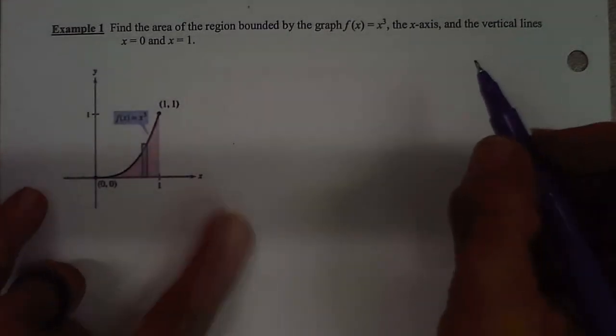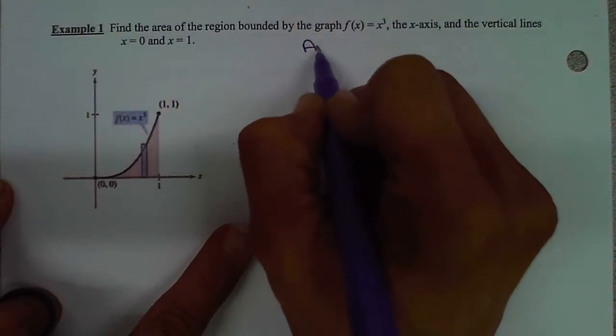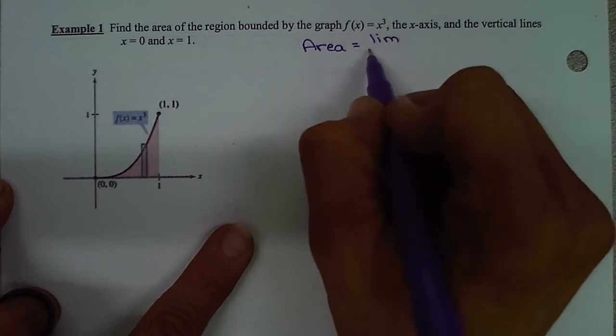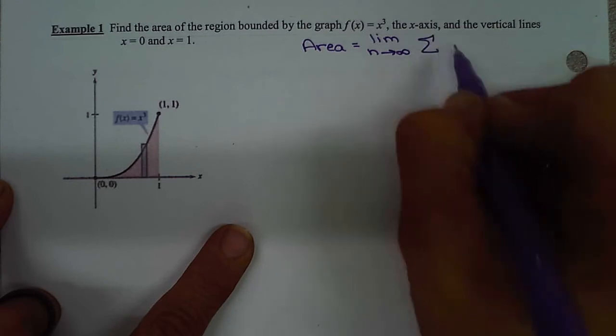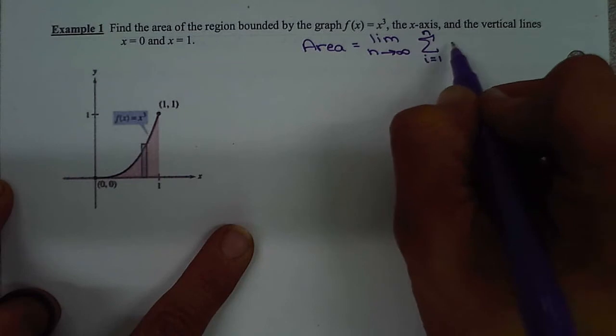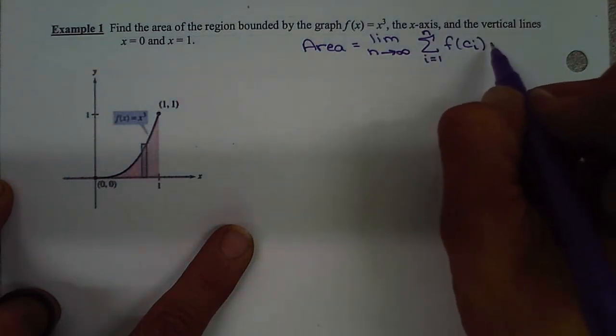All right, so for this, again, just a reminder, our area formula that we're working with now is going to be the limit as n goes to infinity of the summation from i equals 1 to n of f of c sub i delta x.